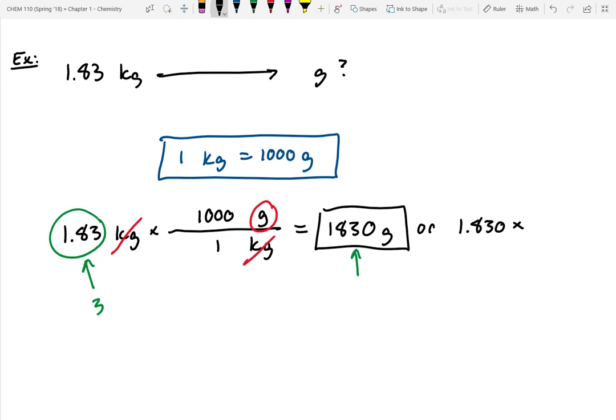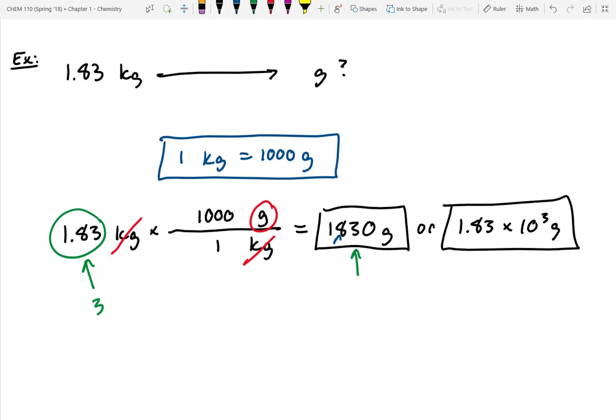1.830 times what? I'll give you a hint. We're going to move that decimal point 3 spots over. It'll be 10 to the third grams. Whoops, sorry, let me change this: 1.83 times 10 to the third grams.